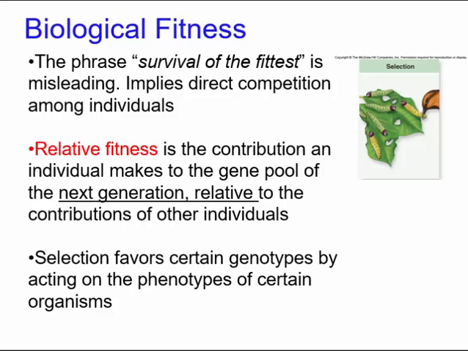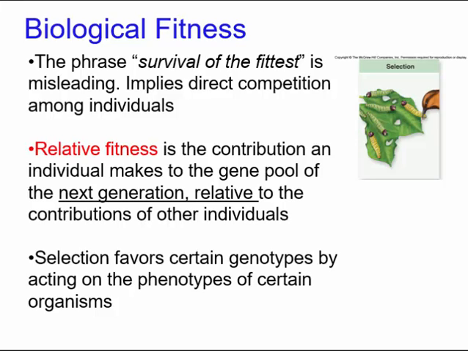So biological fitness is all about relative fitness, comparing one group to another. You've probably heard the term survival of the fittest, which we sometimes say is misleading because it implies this competition between individuals. That doesn't mean competition doesn't happen, but ultimately what matters from a biological fitness perspective is the contribution that an individual makes to the gene pool of the next generation.